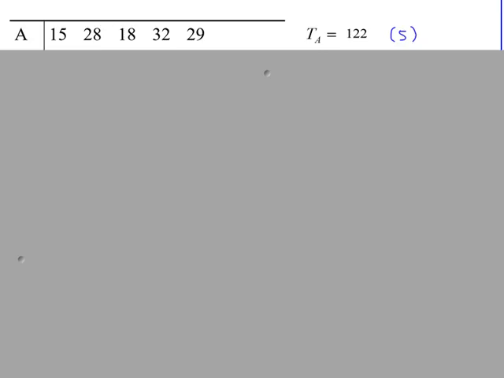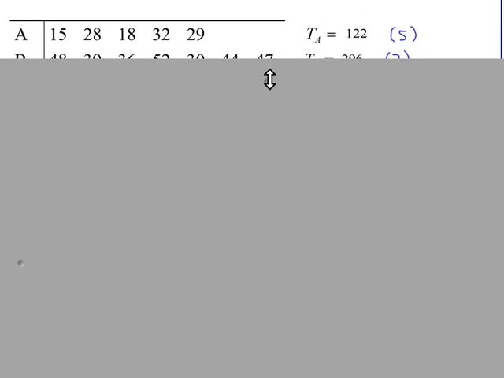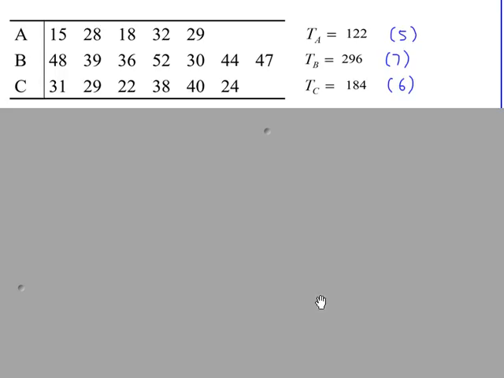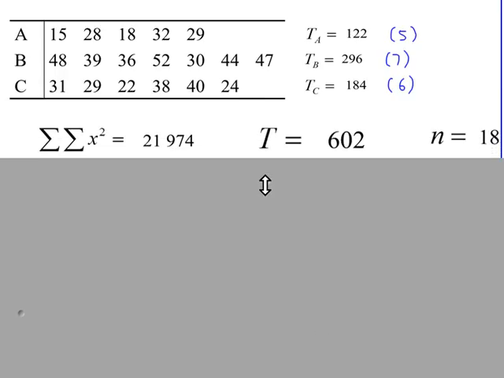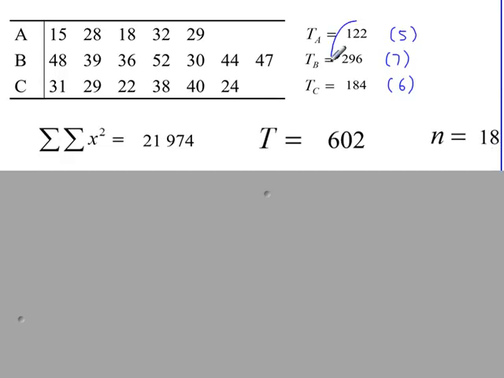So fertilizer A, if we add up all the values, the total for A, 122, and there are 5 values for sample A. And doing the same for B and C. The total of these is 602.